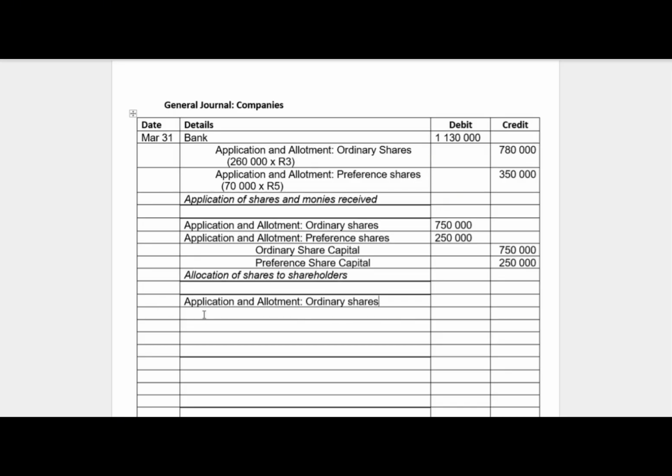And we are also going to refund for application and allotment preference shares.